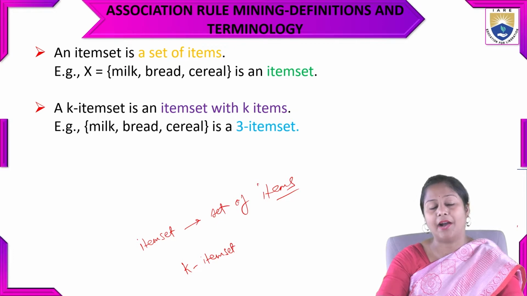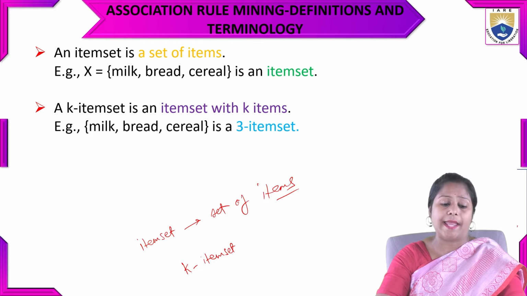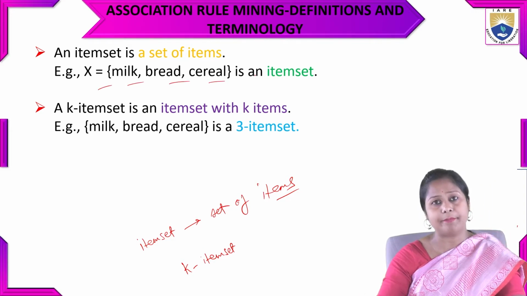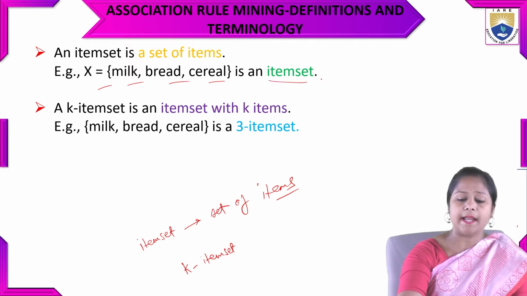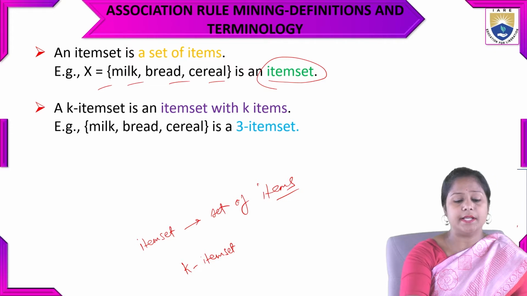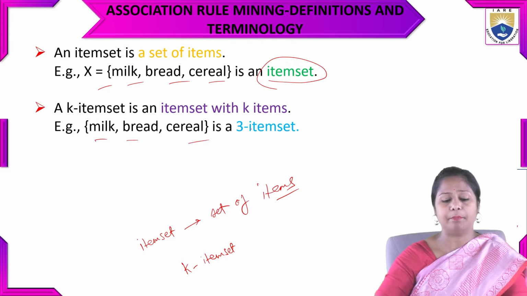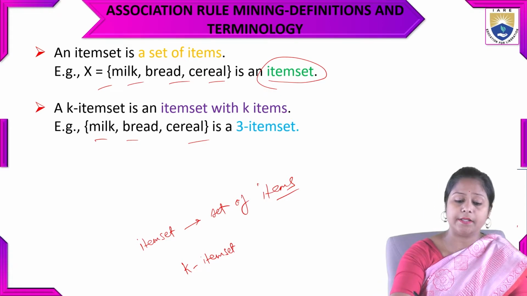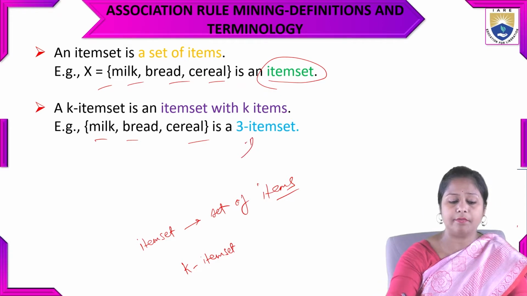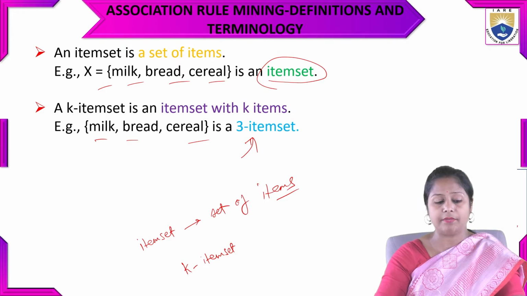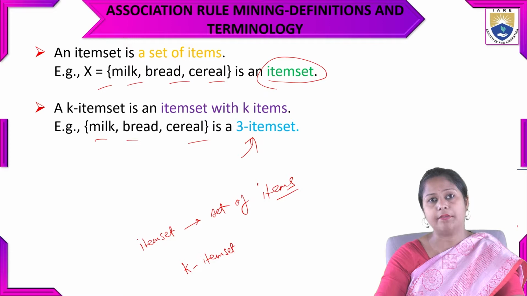For example, X equal to milk, bread and cereal in one basket is an itemset, and milk, cereal and bread is a 3-itemset. That is the difference between an itemset and a k-itemset.